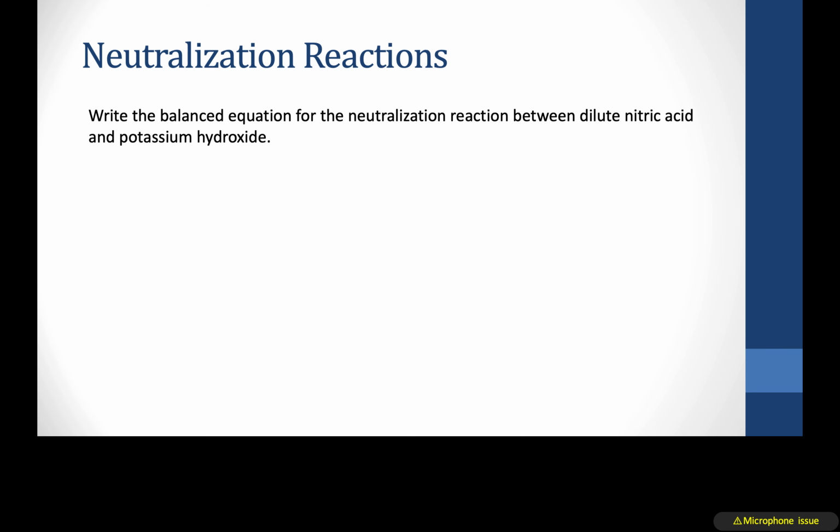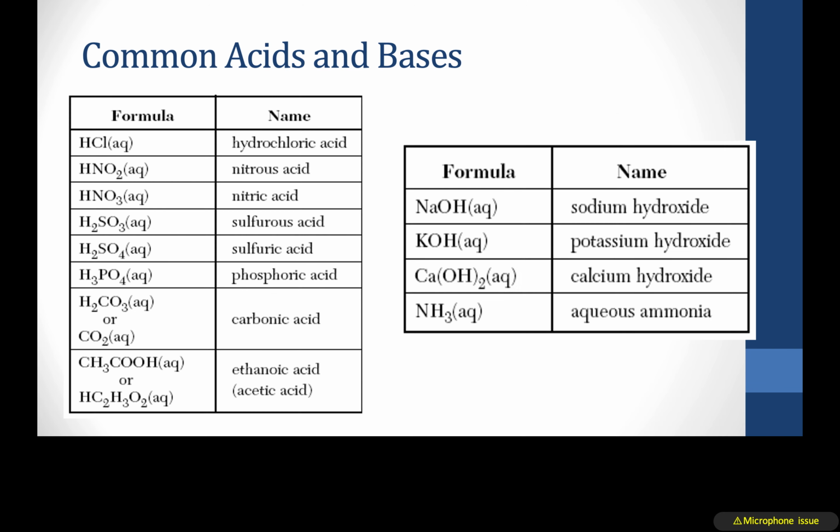Okay, so let's write the neutralization reaction between dilute nitric acid and potassium hydroxide. Here's an example where I don't know what those are in terms of formulas. Well, nitric acid is HNO3.